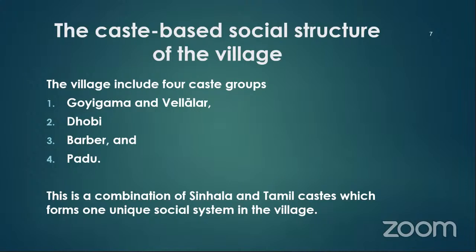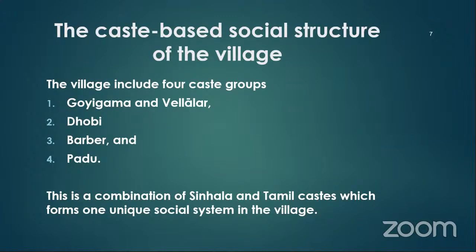Panama is divided into four caste groups. It has Goigama and Vellala at the top, then Dobi, then Barber and Padu. As you are all aware, Goigama is the highest caste in the Sinhala caste structure. According to the Hindu caste structure, Vellala is the highest caste. Dobi is a Tamil Hindu caste. Barber is also a Tamil caste according to the structure in the village.